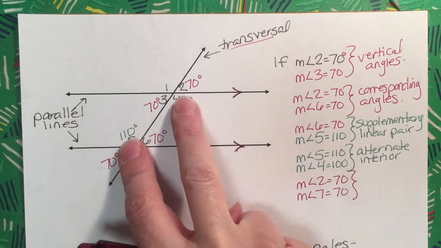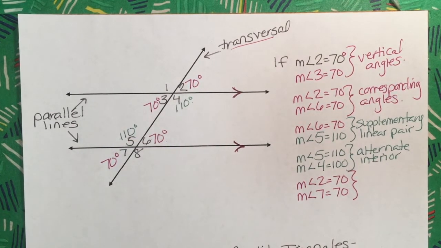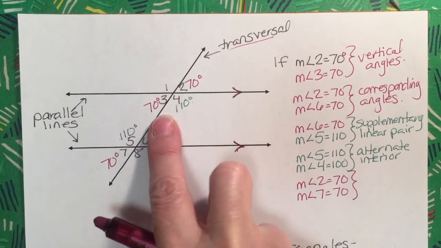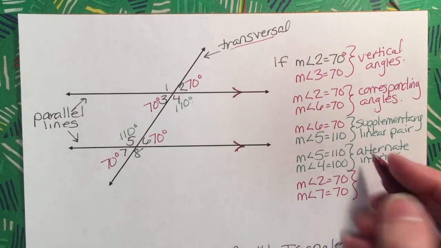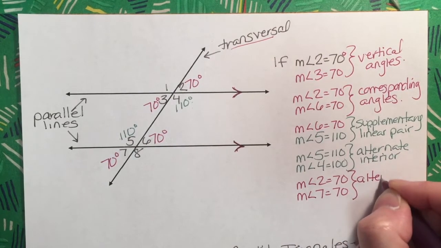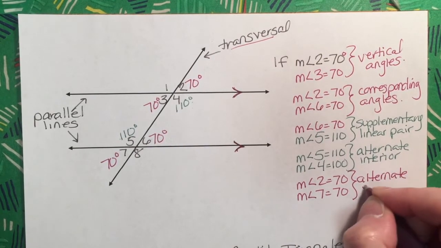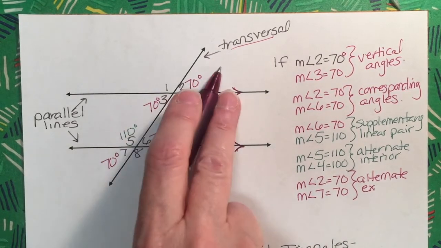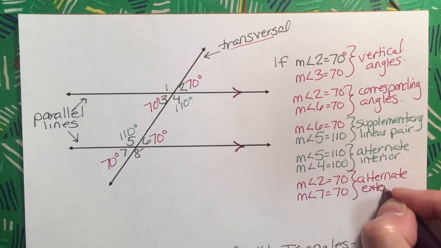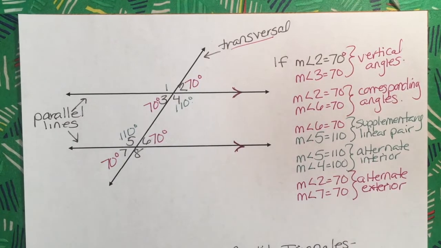If the 5 and 4 are alternate interior because they cross the transversal inside the lines, angle 2 and 7 are called alternate exterior because they also cross the transversal. This one's on the left, this one's on the right, but they are outside of the parallel lines, so they are exterior angles. Okay? So those are very useful things to know.